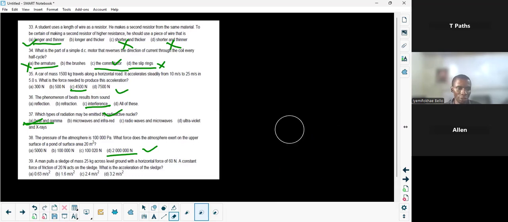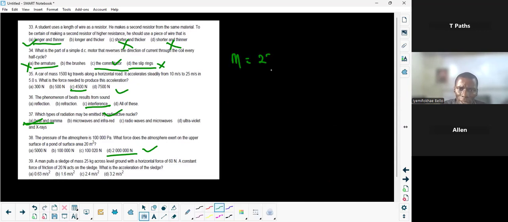Now, number 39 question says, a man pulled a sledge of mass 25 kg across a level ground with a horizontal force. With a horizontal force, we have the horizontal force.